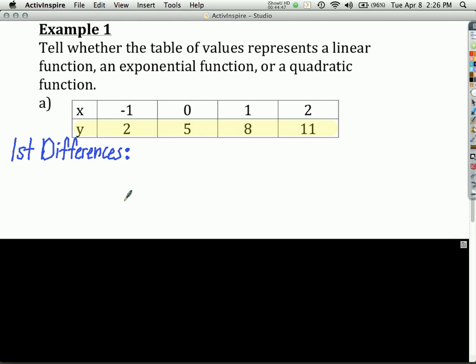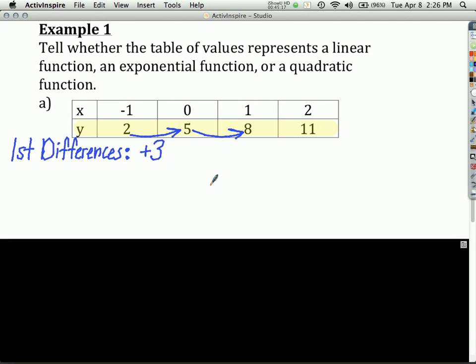So, we're going to start with the 2, and we're going to go to the 5. What do we do to the 2 to get 5? Valerie? Add 3. So, everyone write plus 3. Now we're at the 5, and we're going to go to the 8.